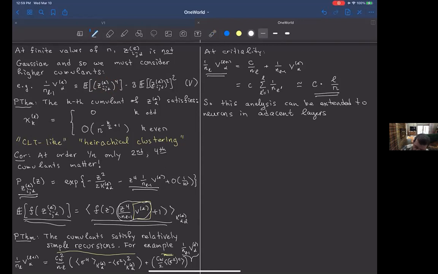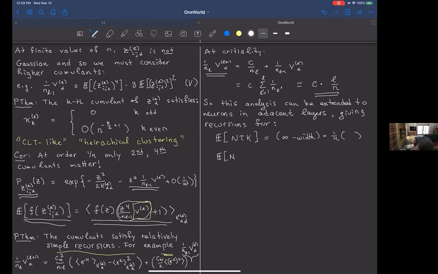But once you do it for adjacent layers, you get recursions, just because people are interested in this kind of thing, and I'm interested for sure. So you recover the recursions for the expectation of the NTK. We recover the infinite width answer, which is known, plus a 1 over N correction, which is new.